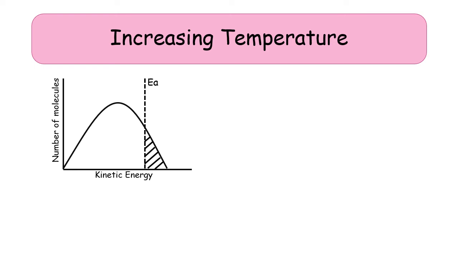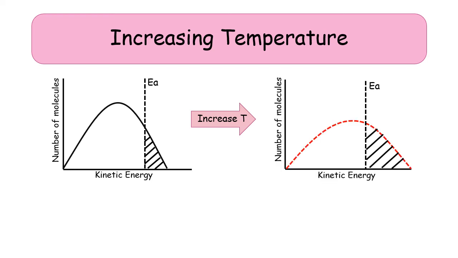And what ends up happening to that curve, if we increase temperature, is that it gets wider and flatter. So as we increase the temperature, the graph gets less tall, but it gets a lot wider, which means if we look at the shaded in area, there's now a lot more particles that have enough energy to react.